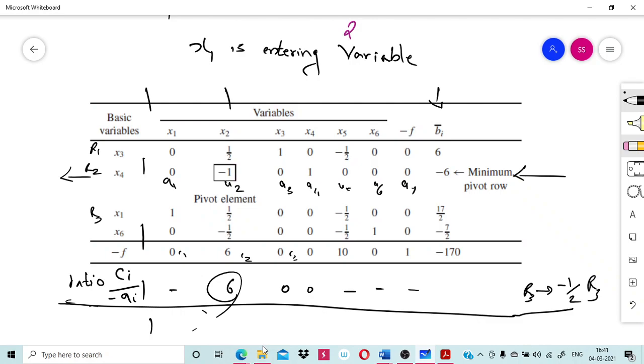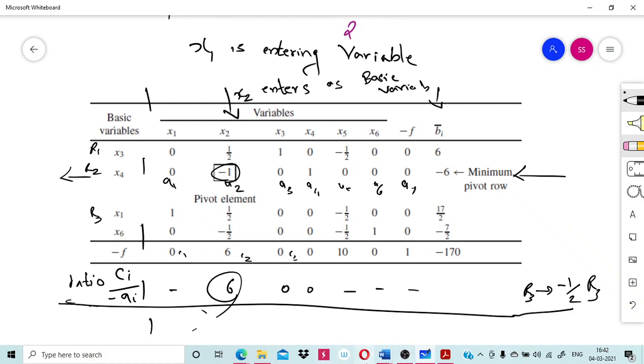So x2 enters as the basic variable. You got the pivot element, pivot position -1. This position you have to make 1, and all other elements in that column you have to make 0 by suitable row operations only.